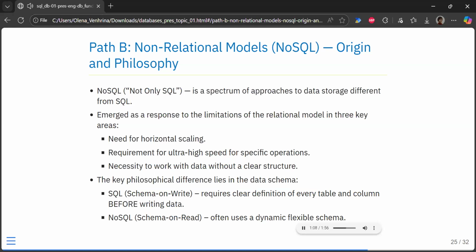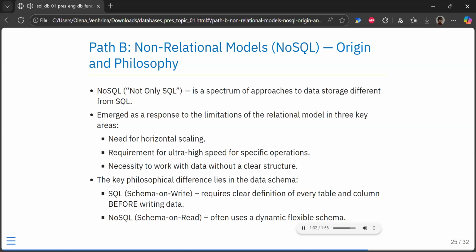And this leads us to the main philosophical difference, working with data schema. SQL uses the schema-on-write principle. You are obligated to first clearly define every table and every column, and only then can you write data. The schema is a strict contract. Many NoSQL systems, especially document ones, use the schema-on-read principle. This is a dynamic schema.